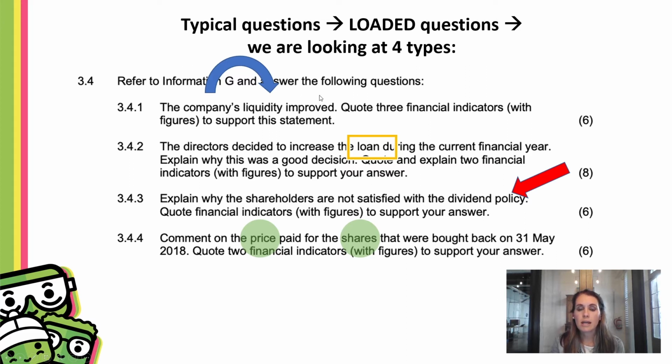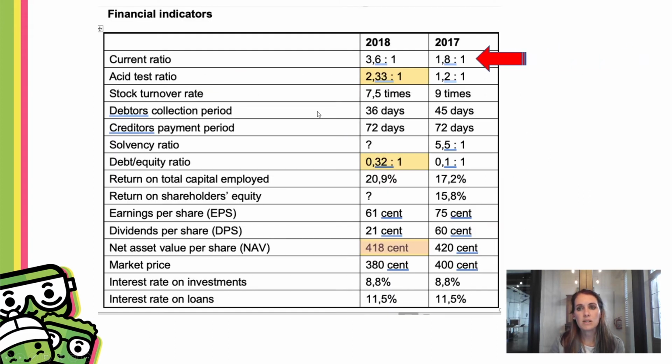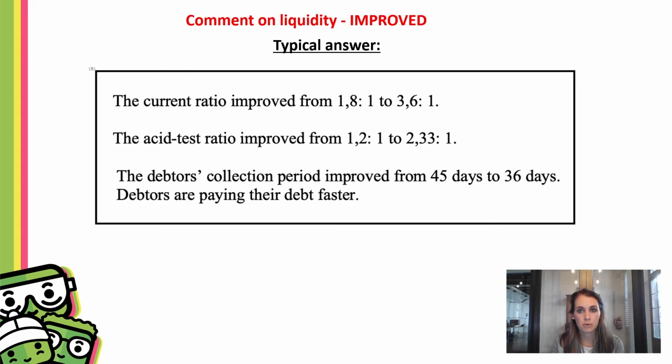So they are looking at indicators that improved. Okay, so that's why I only look at those three. Stock turnover rate is also part of liquidity, and the stock holding period as well. But I can only look at those three out of the four because they are the ones that improved.